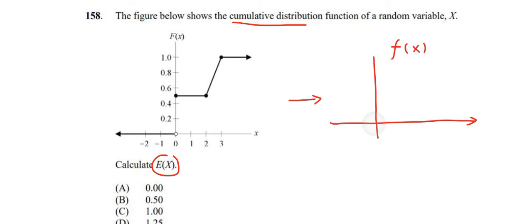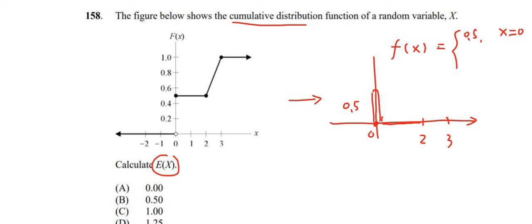So at this point 0, it has some jump. The jump is 0.5. So here we have the probability at x equals 0 is 0.5. Okay. So when x is from 0 to 2, the density is 0, right? And then from 2 to 3, it's a derivative, right?